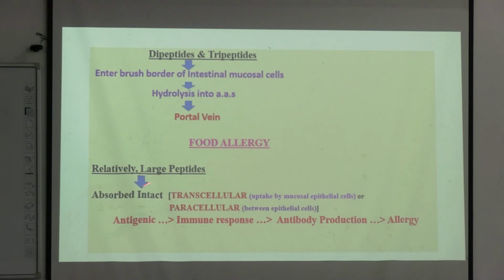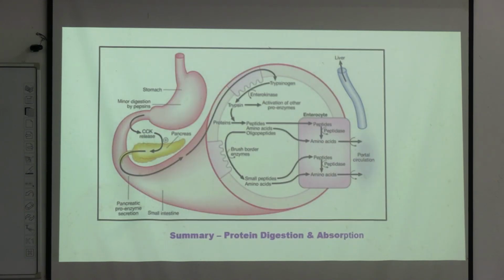So, there are these relatively large peptides that are produced paracellularly or transcellularly, and when you are taught immunology, a large size of protein will be required to produce an allergic manifestation, that will act as an antigen.